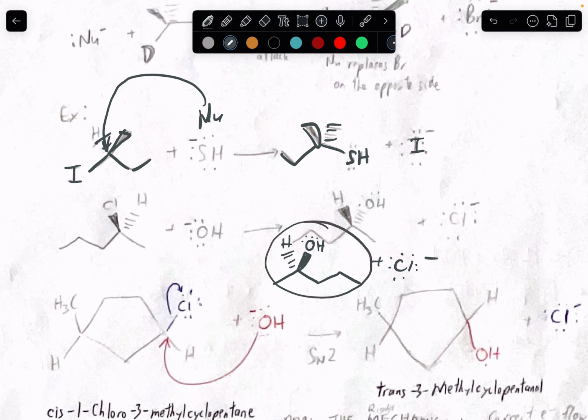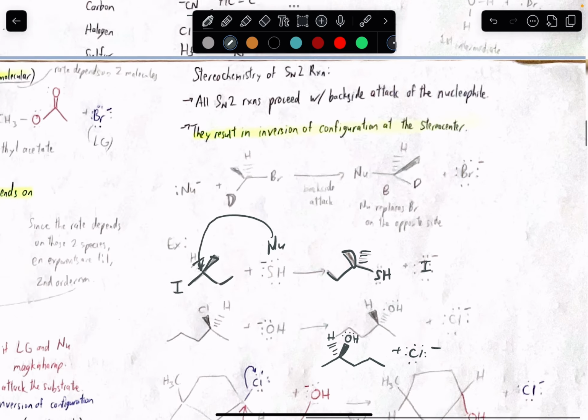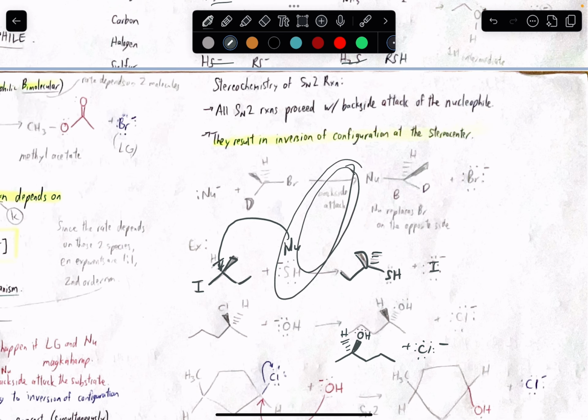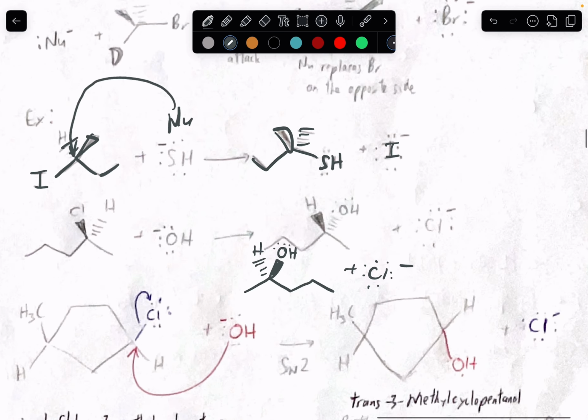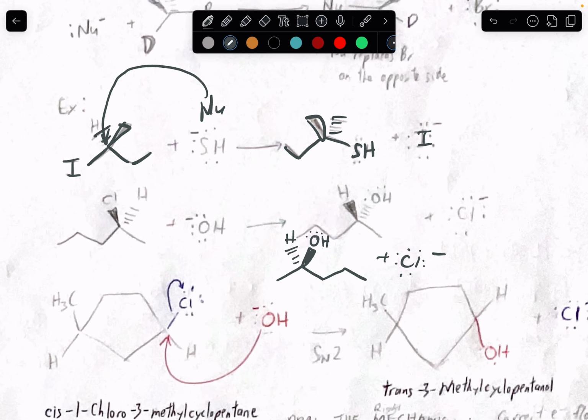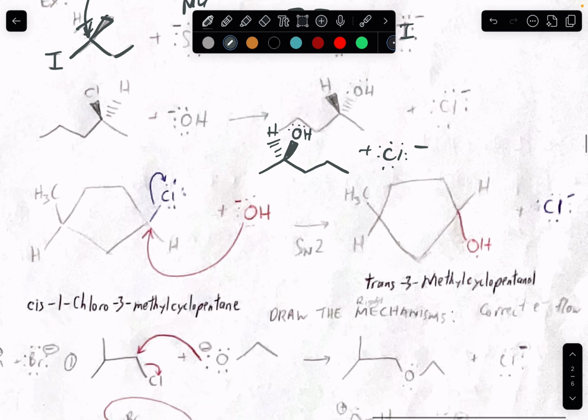So I believe this figure is the same as this. Just to avoid confusion, using the same logic that has been used in the past two examples in how the inversion of configuration was shown, we just draw a mirrored image of this. Which is this. Okay.